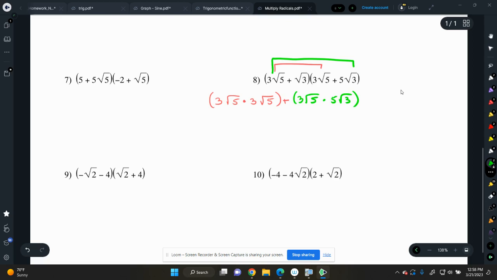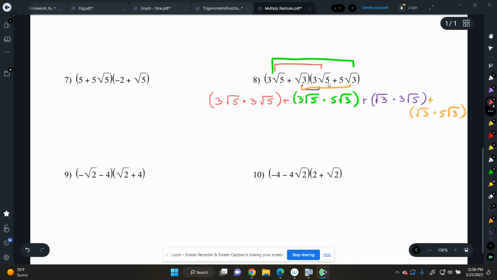These numbers are so similar, we've got to take our time so we don't get them mixed up. And then plus square root of 3 times 3 square root of 5, plus the square root of 3 times 5 square root of 3.